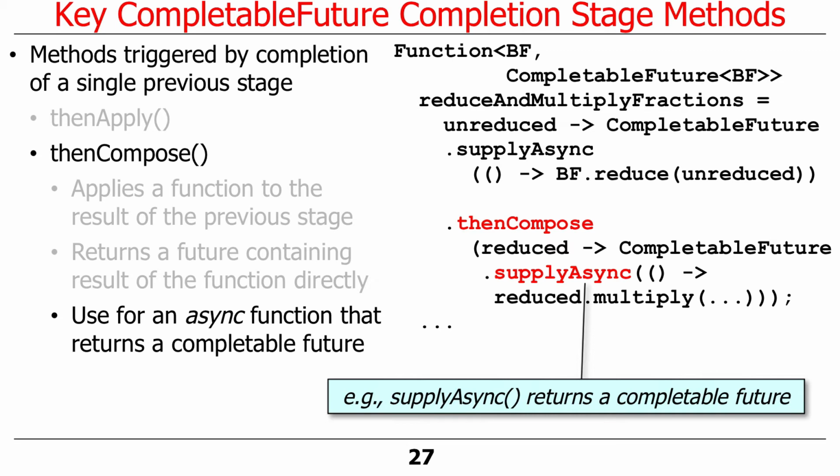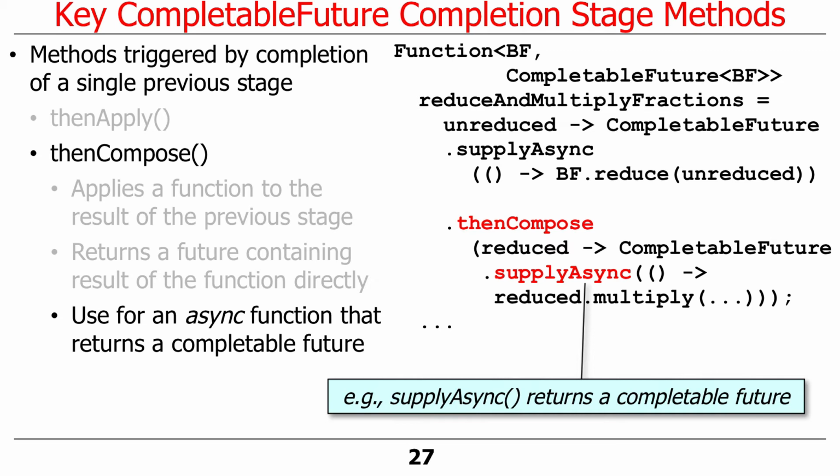So what we're going to do is have an asynchronous reduction of an unreduced fraction. This lambda expression will run something in the background and return a completable future. And then down here, we're going to have the thenCompose method.